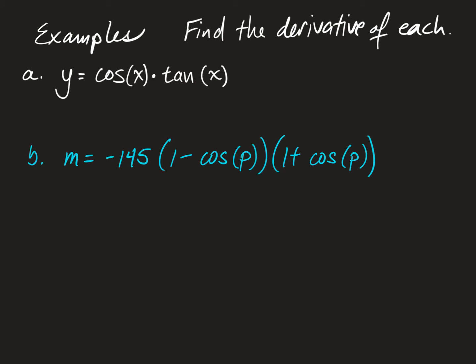And on this slide, I've got a couple more examples here. It just says find the derivative of each. And so the first function we have is y equals cosine times tangent x.